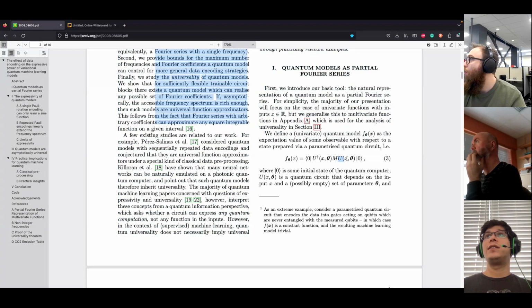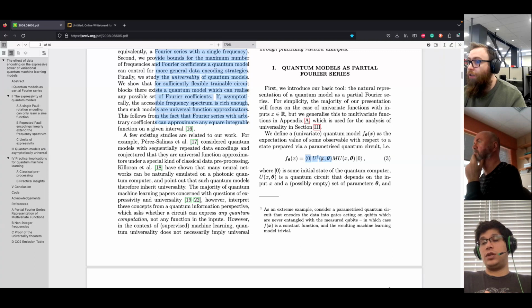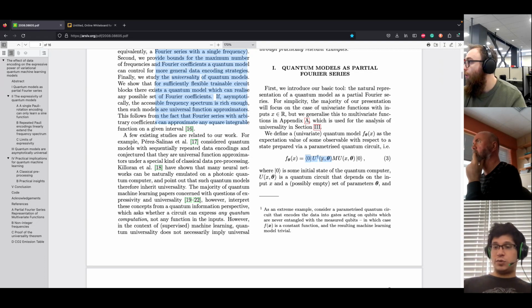What they're doing is they're applying this quantum circuit to the 0 state, and then they're measuring some observable. For us, this is always going to be the C operator. And then the other part is just the complex conjugate. And this is just the notation that we use for the expectation value, with the ket and the bra. That means we take the dagger, which means transpose conjugate.